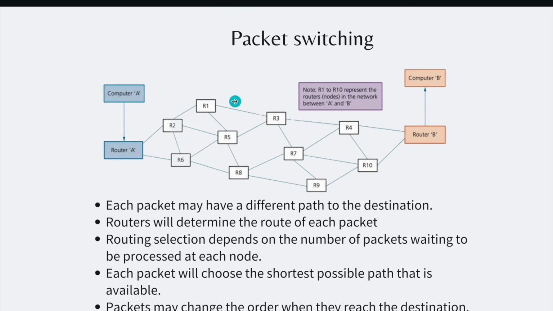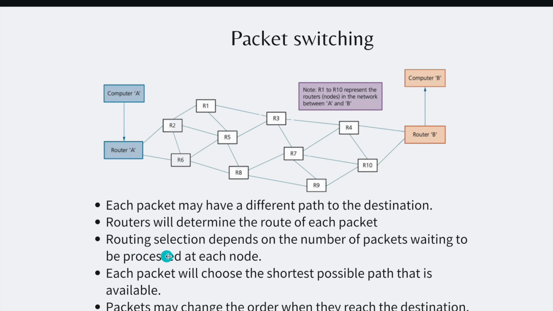For packet switching, it has the following characteristics. First, each packet may have a different path to the destination. Second, routers will determine the route of each packet. It means that routers will calculate the path of each packet.